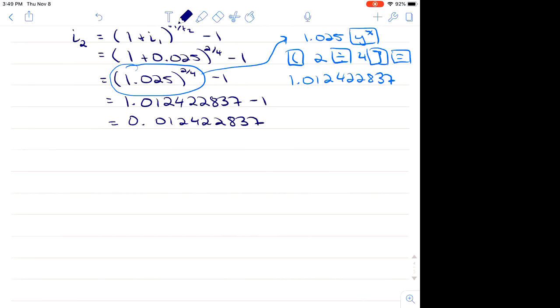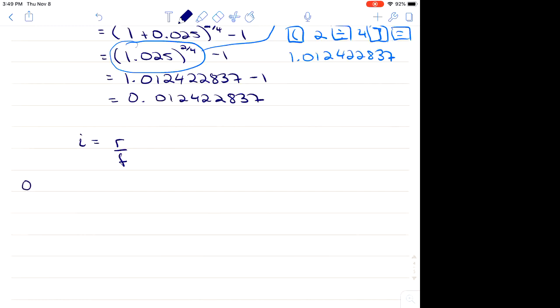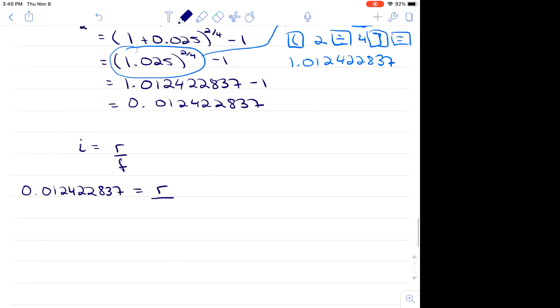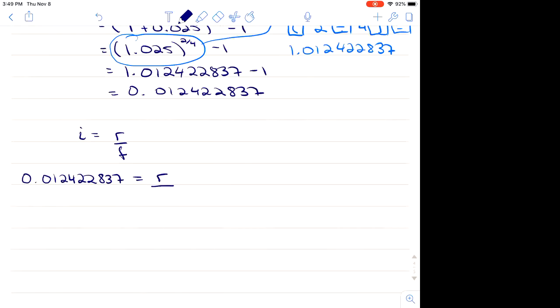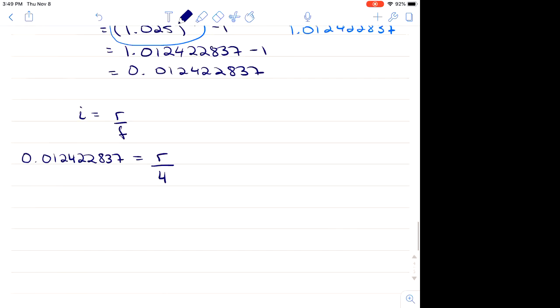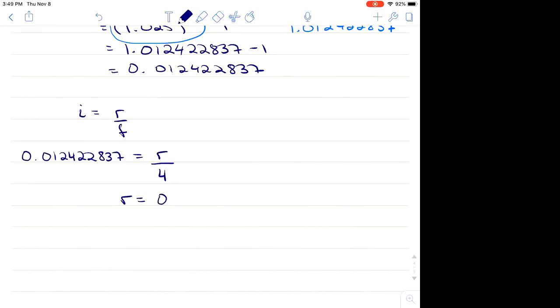But just like we were doing before, if you have to solve for R, then I is still R over F. And if I is 0.012422837 equals R over F, where R is what we're trying to find, the frequency of the second rate is 4. So now if we multiply that by 4, we have an R of 0.049691346.